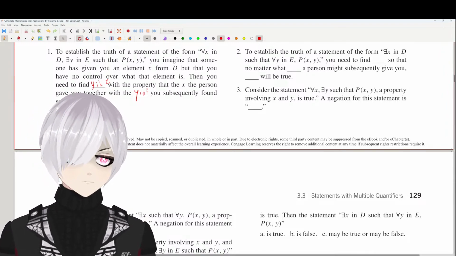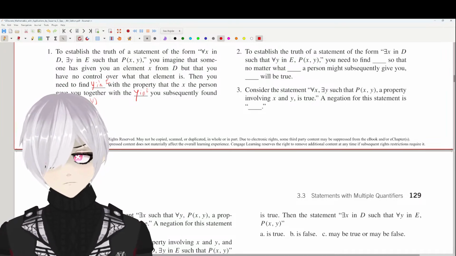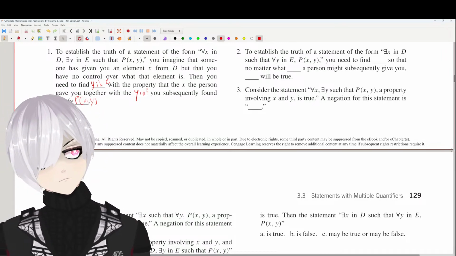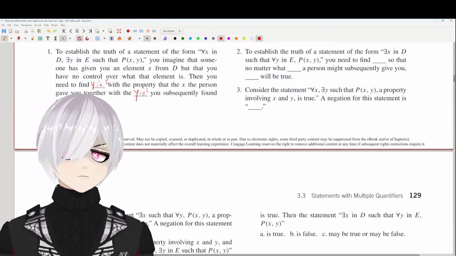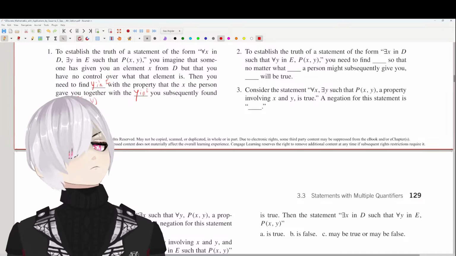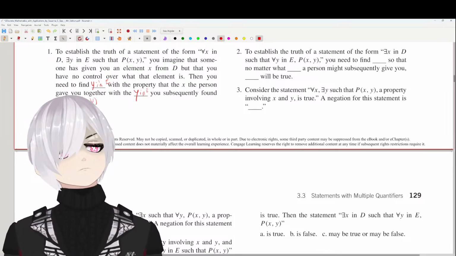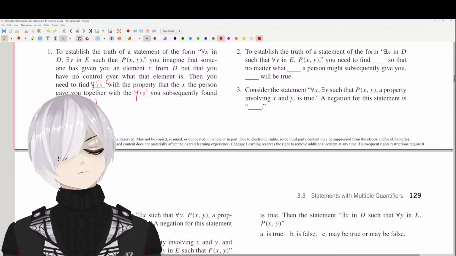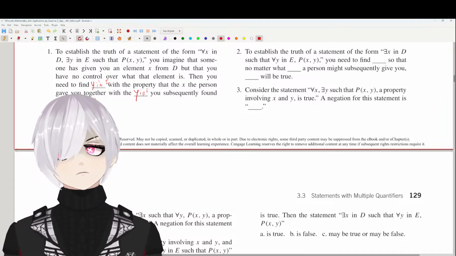The wording is kind of confusing. Imagine someone's giving you some arbitrary x in D. It doesn't matter what x they're given, since for all x in D, this holds true.